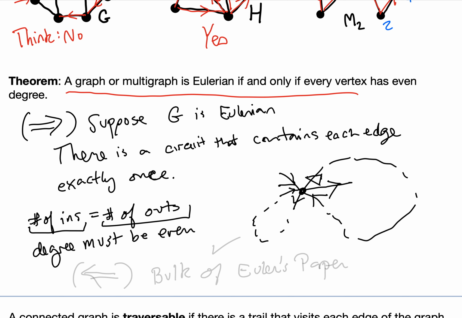So the degree of each vertex must be even if the graph is Eulerian. And so that's the end of the first direction. The second direction is actually pretty difficult to prove, and that was the bulk of Euler's paper.